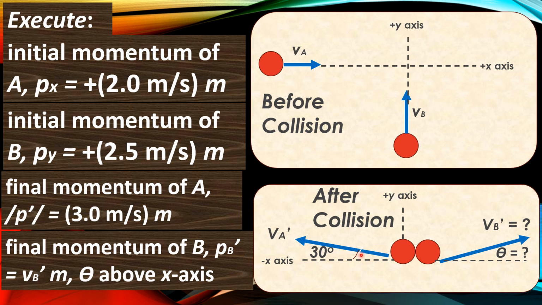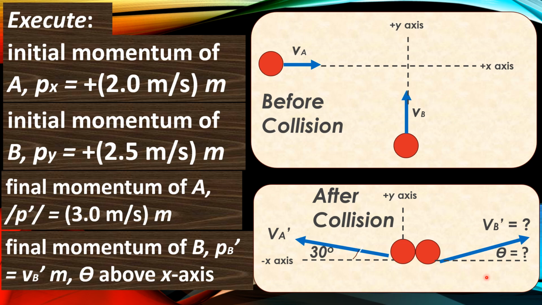While particle B has a final momentum denoted by p prime sub B equal to the product of its unknown speed, v sub B prime, multiplied by its mass, small letter m.